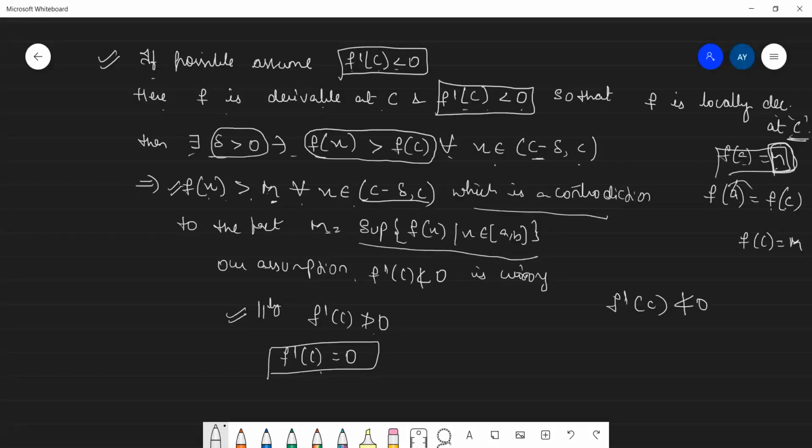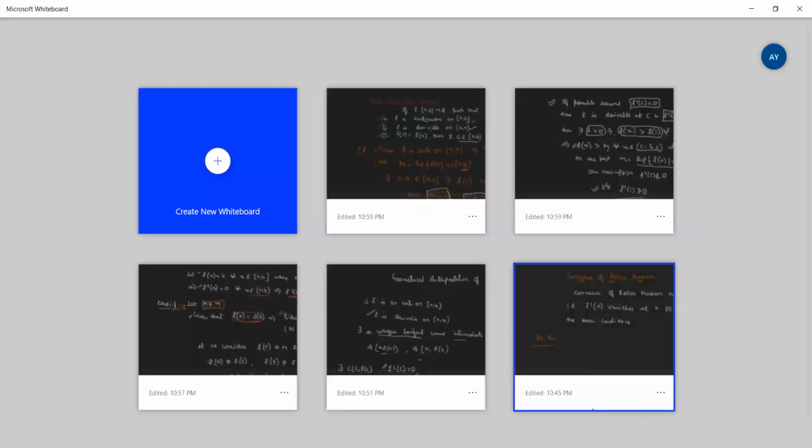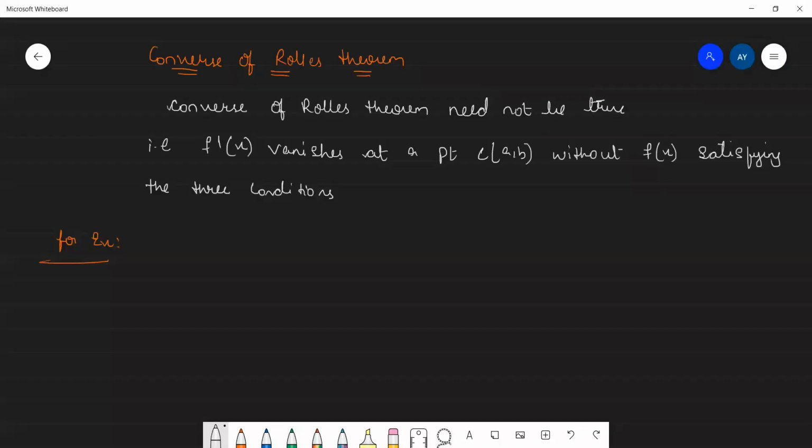Now we will move on to the converse of the theorem. What is the converse of the theorem? The converse of Rolle's theorem states, if f dash of x vanishes at some point C without f of x satisfying all the three conditions, that means the converse need not be true. We'll just look into an example of the converse.